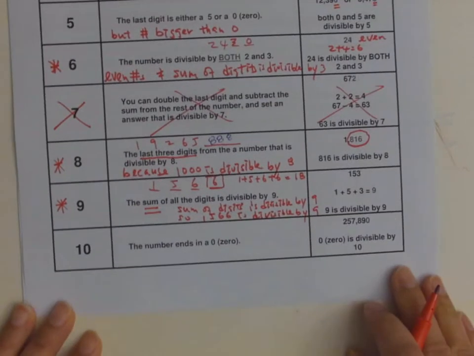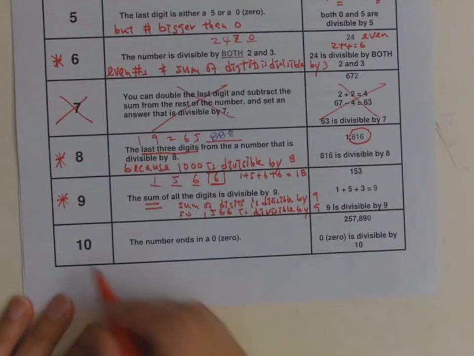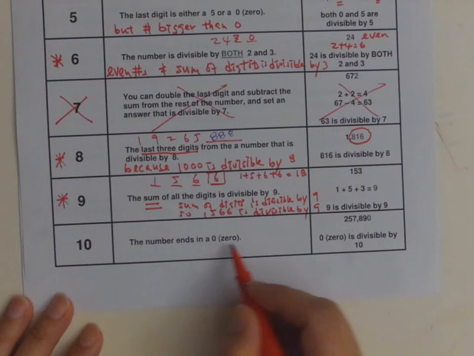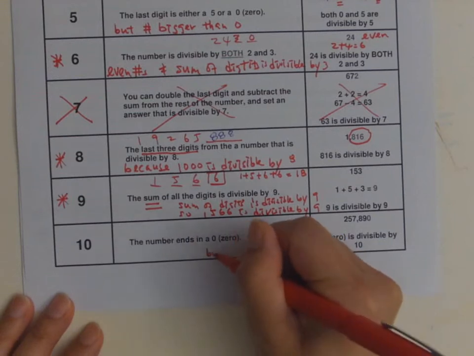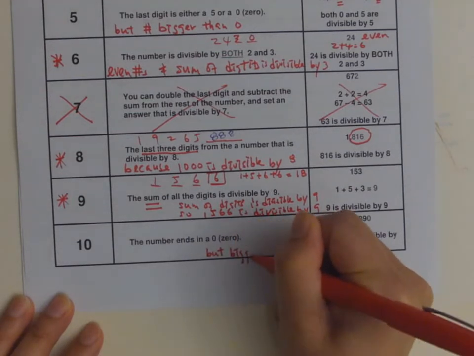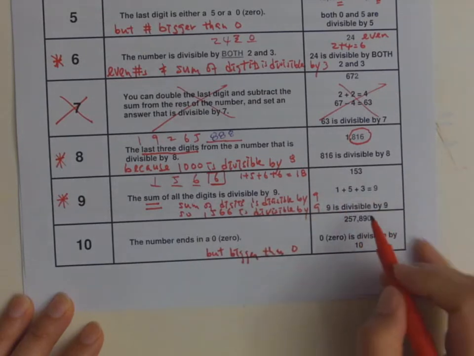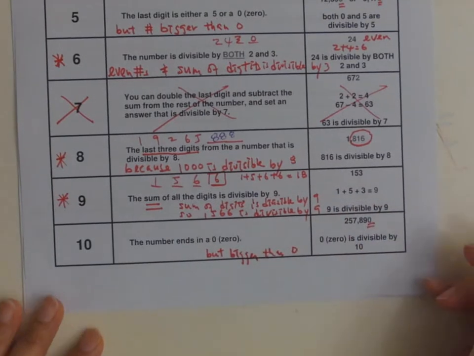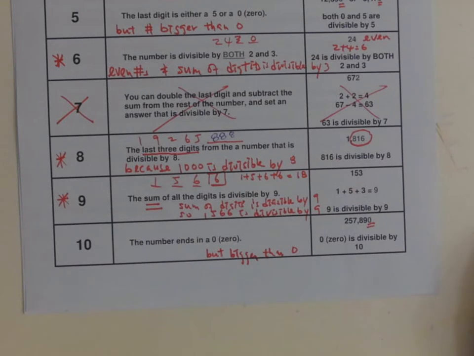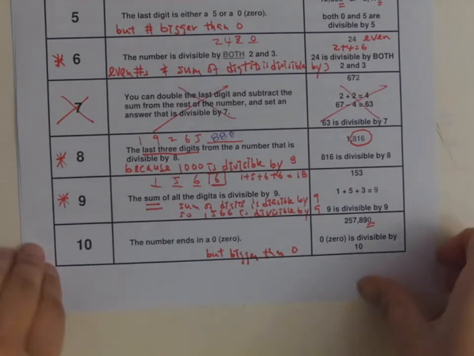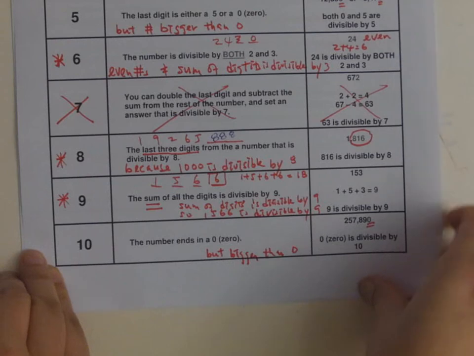Sorry, very limited space here. 10 would be easy, so again it should end in 0 but be bigger than 0, right? So any number, if the last digit is 0, would be divisible by 10. So that would be the last really new stuff for the class.